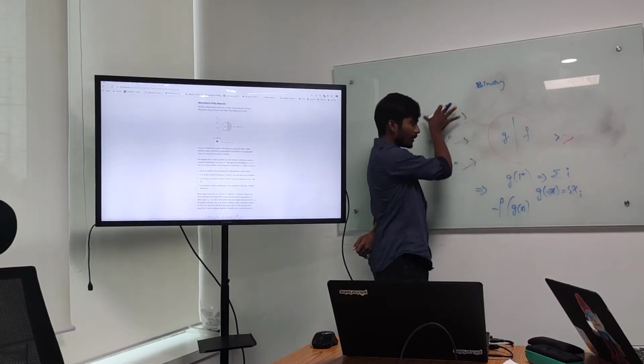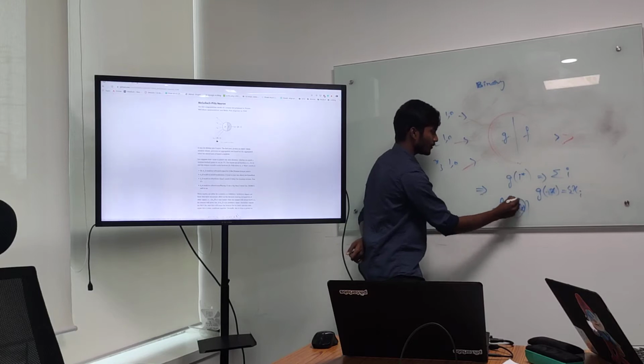Now they have defined another function called f, whose input is g of x. That is, whatever value you get after summing them is the input to the function f.